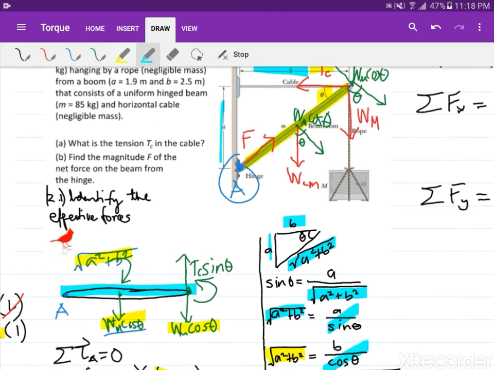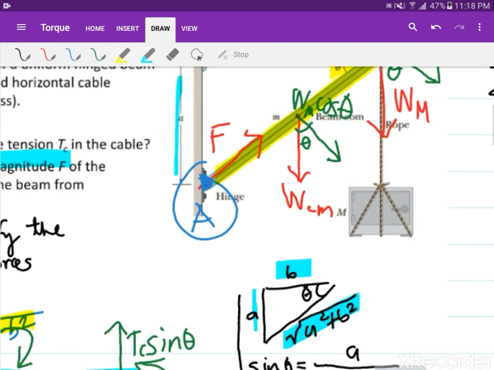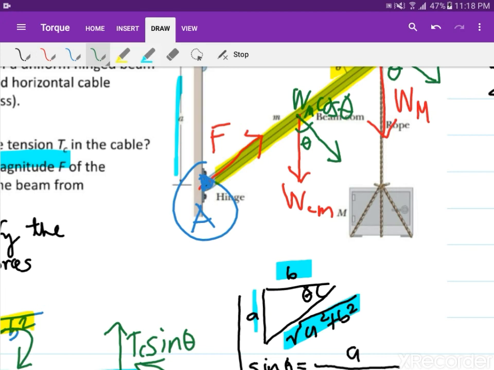For letter B, let's find the magnitude F of the net force on the beam from the hinge. So this force F can be broken down into vertical and horizontal components. Let's call those Fy and Fx.